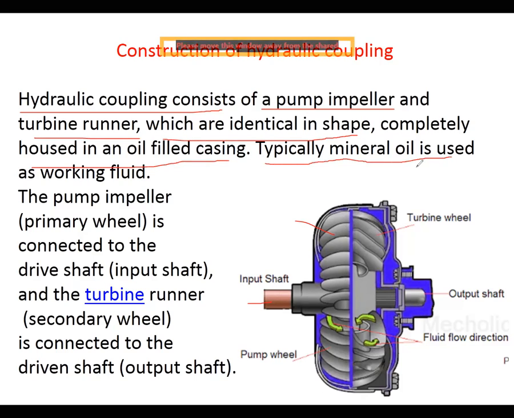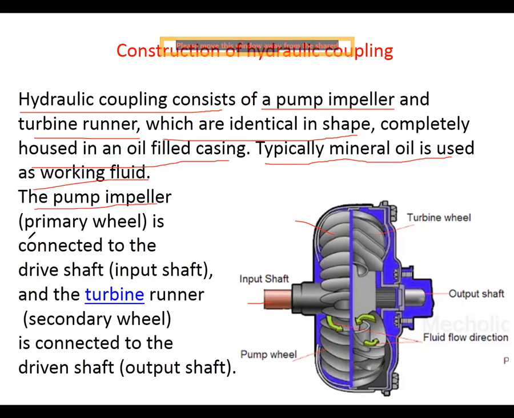Typically mineral oil is used as the working fluid. We can use any type of oil, but for automobiles, mineral oil is the best oil in a hydraulic coupling.